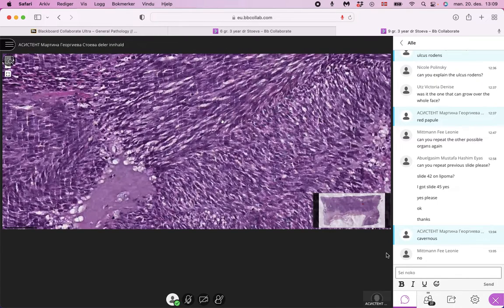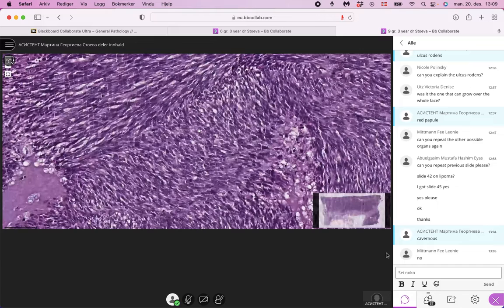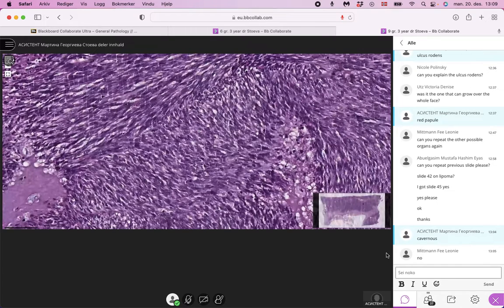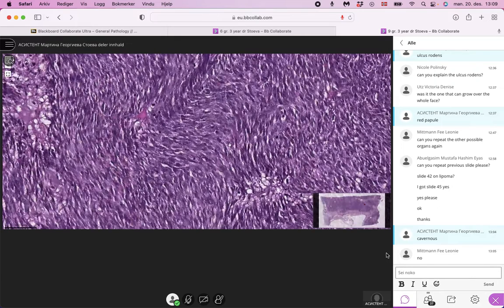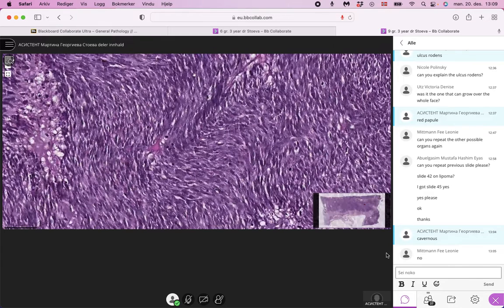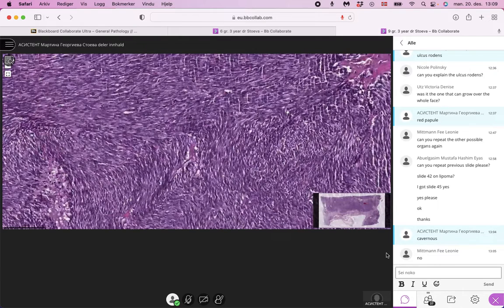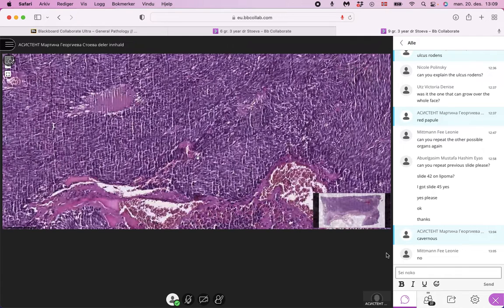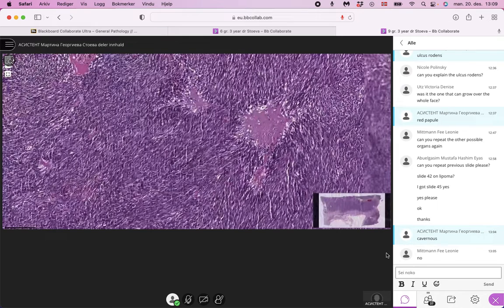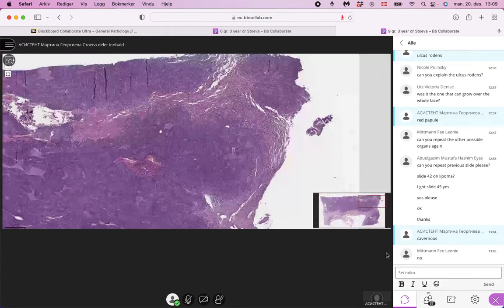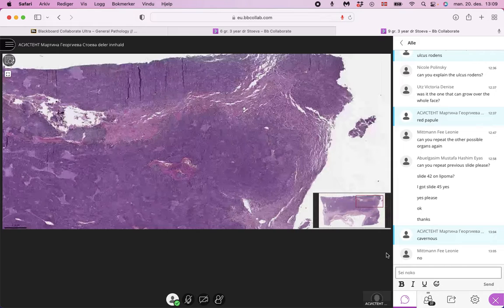Here too, once again. There are some areas with hemorrhages, but again, you know that hemorrhages are characteristic for malignant tumors.